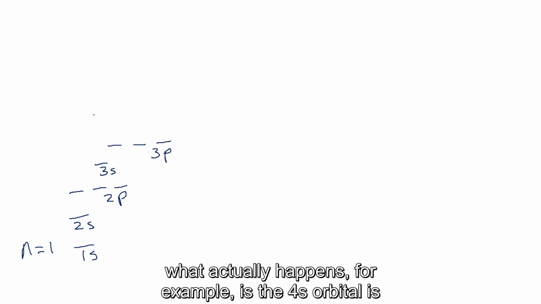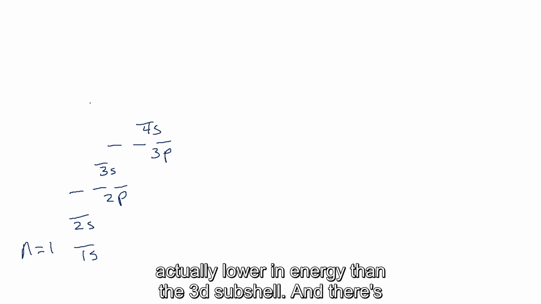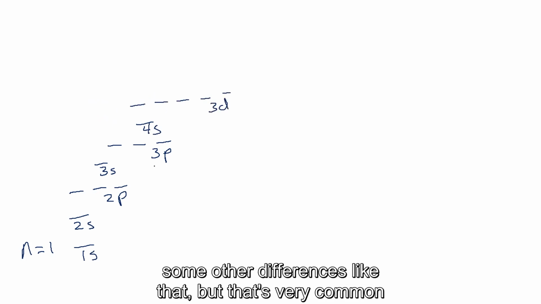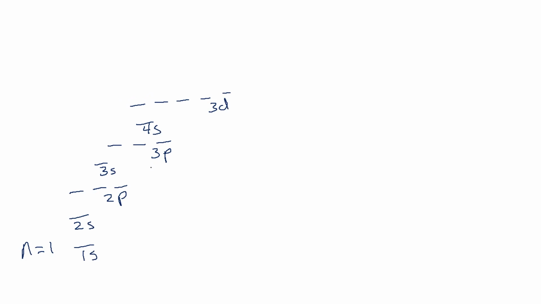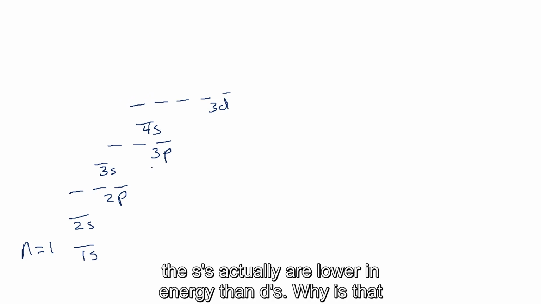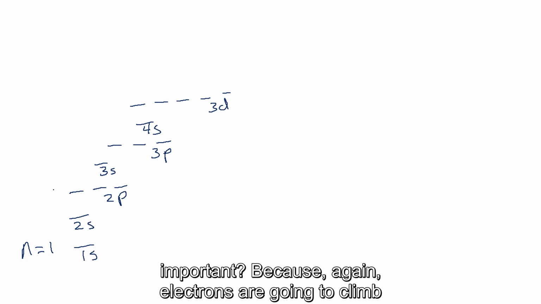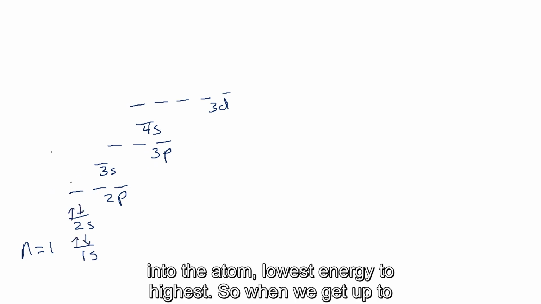Because that's how it goes. And what actually happens, for example, is the 4s orbital is actually lower in energy than the 3d subshell. And there's some other differences like that, but that's very common what you find when you get multiple electrons in an atom. The s's actually are lower in energy than d's. Why is that important? Because again, electrons are going to climb into the atom, lowest energy to highest.